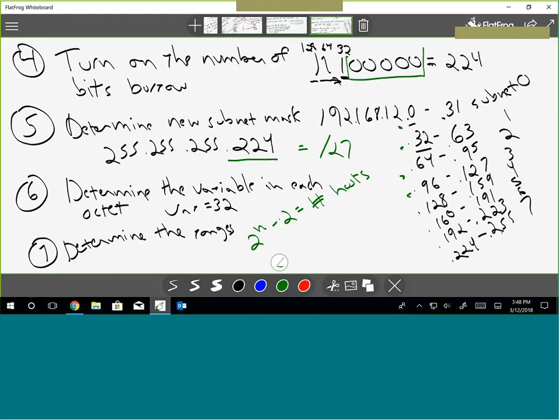You got 5, right? So what's 2 to the 5th power? 2, 4, 8, 16, 32. So this is 32 minus 2. So the number of hosts on each network is 30.